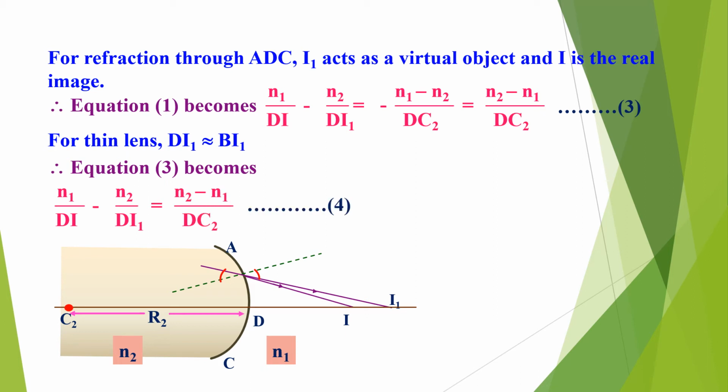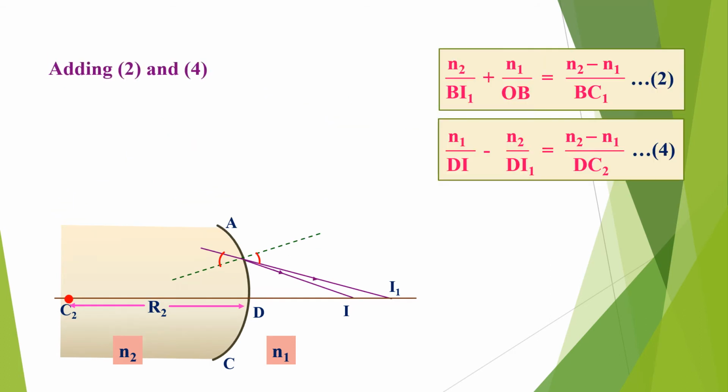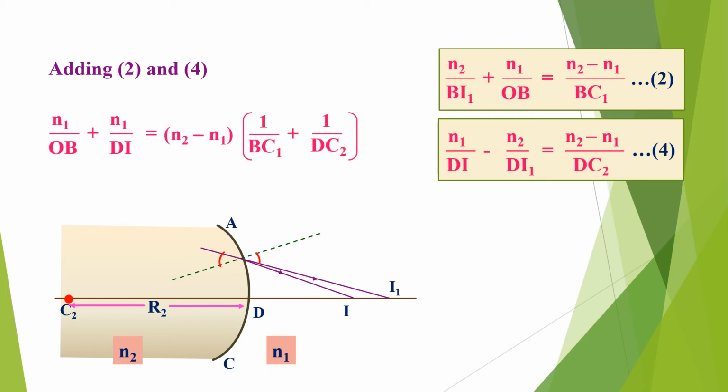This is equation 4. By adding equations 2 and 4, n1 by OB plus n1 by DI is equal to n2 minus n1 multiplied by 1 by BC1 plus 1 by DC2. This is equation 5.